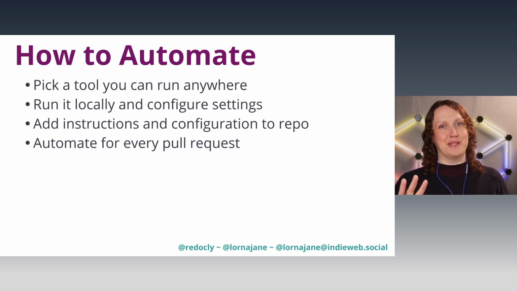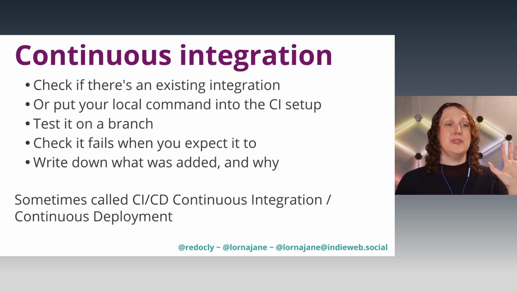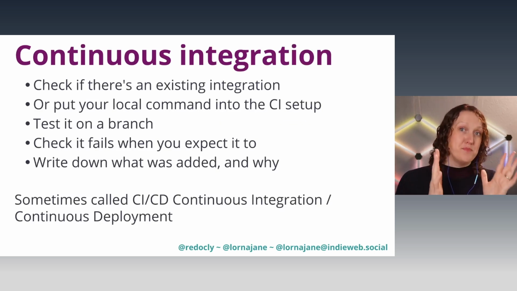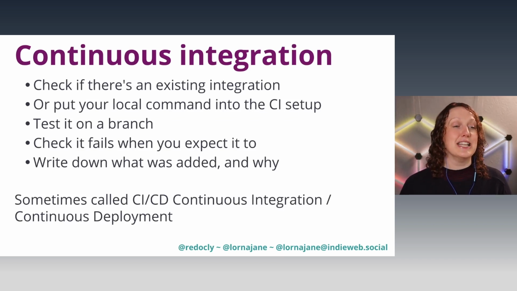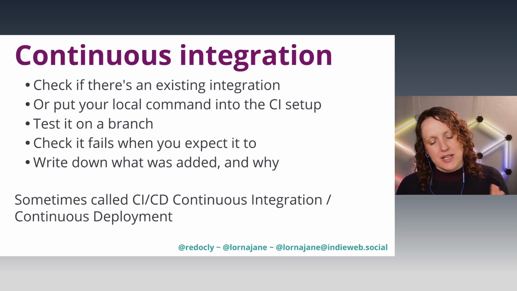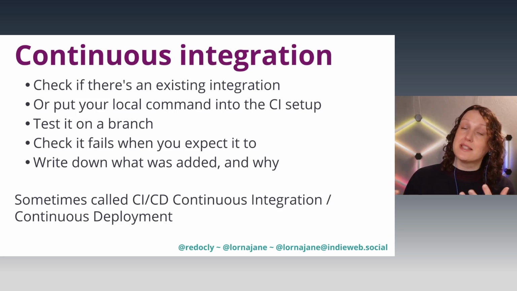But for the magical multiplier, you are going to automate this for every pull request. Now, we're going to do this with continuous integration, but you will sometimes hear it called continuous deployment. They're kind of separate things. Continuous integration, running the automation on a pull request.